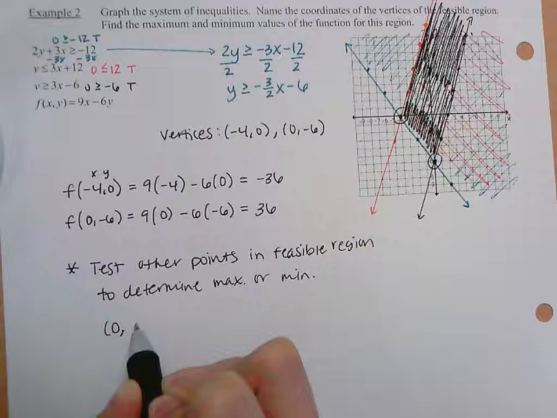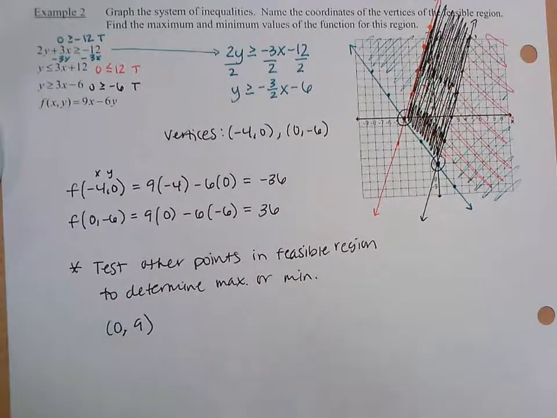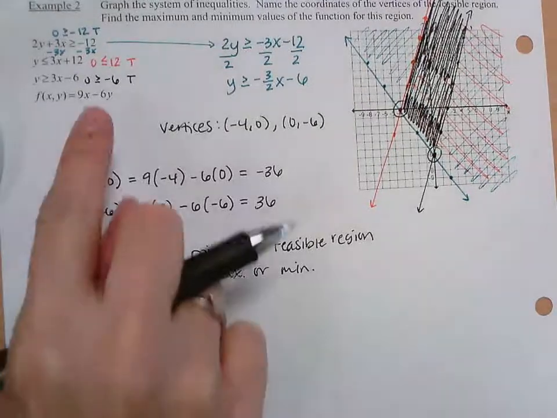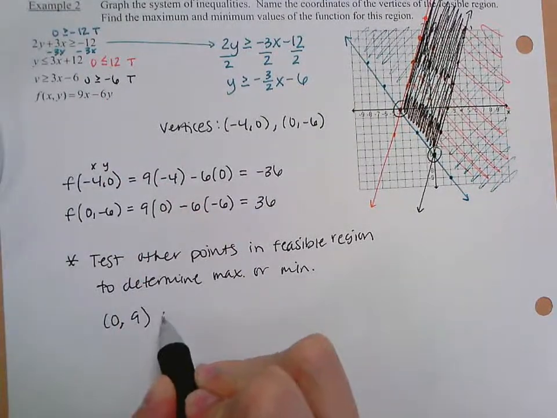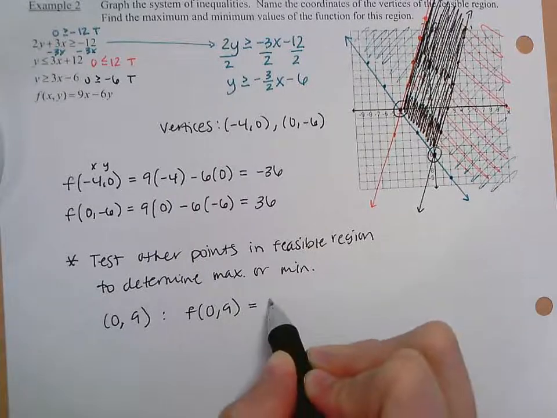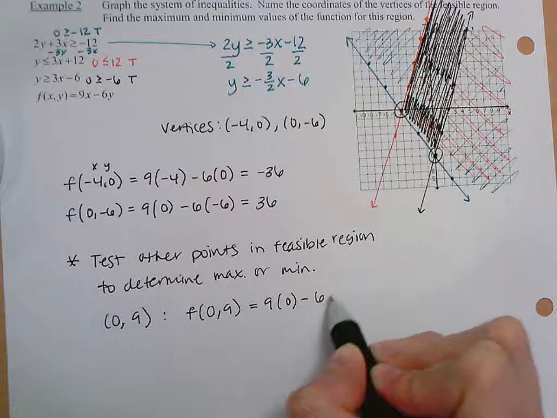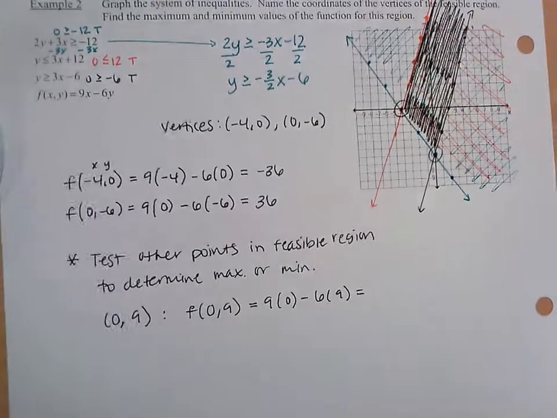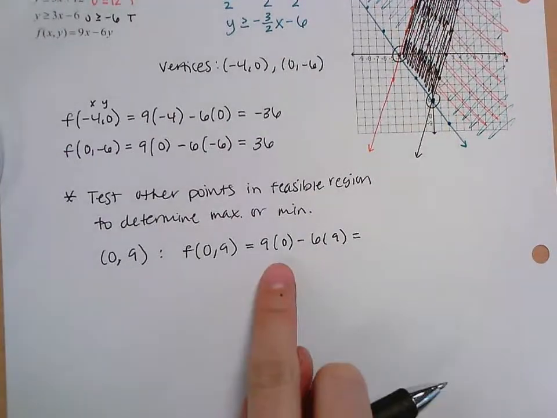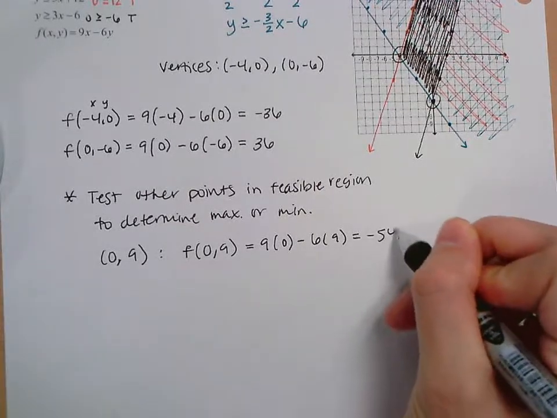Okay, so if I pick 0, 9, because that's in my shaded region, then I would substitute 0, 9 into my function. So f of 0, 9 would be 9 times 0 minus 6 times 9. And that would be 0 minus 54, so -54.